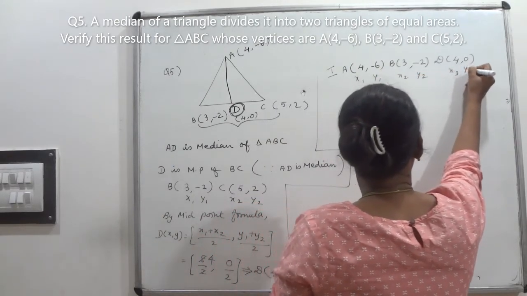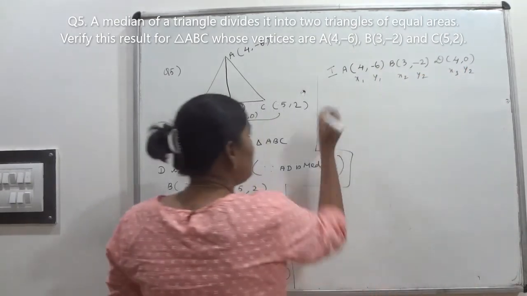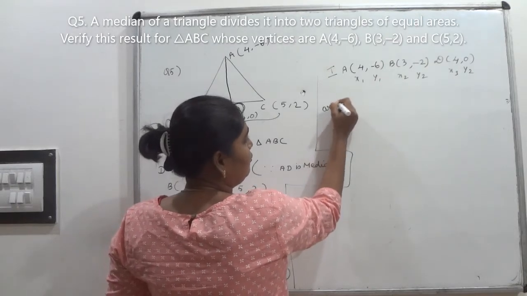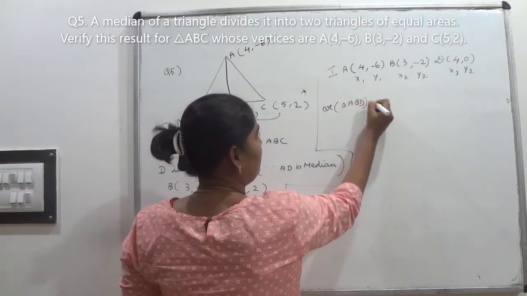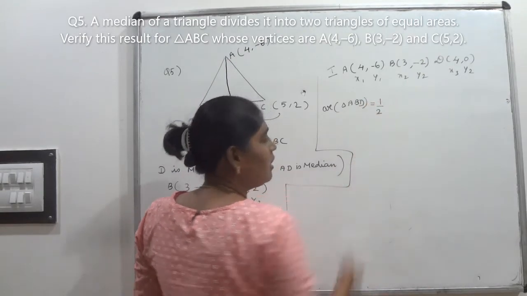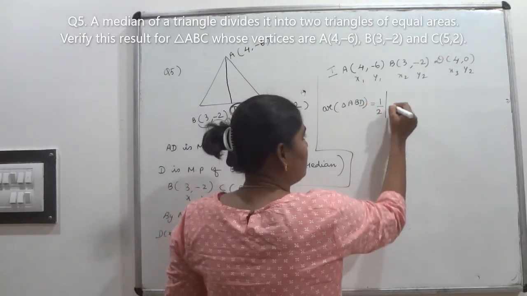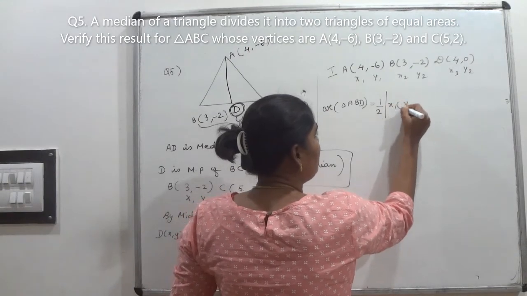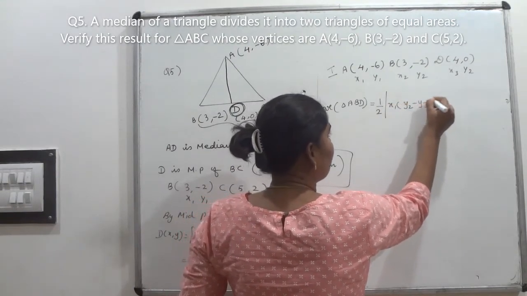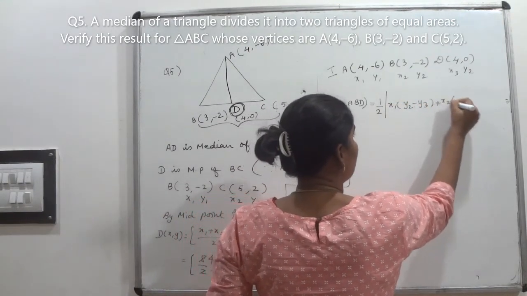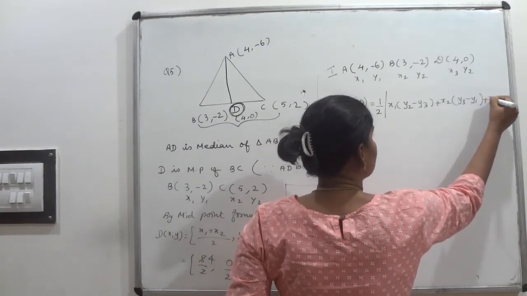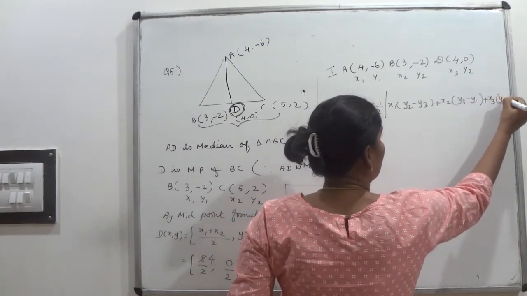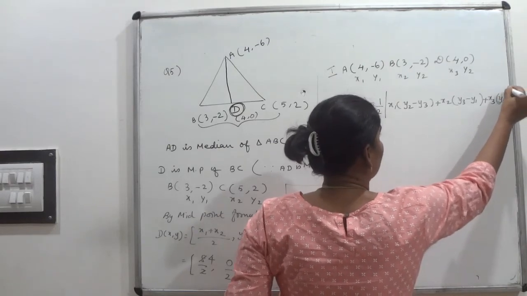You know the formula for the area of a triangle. Area of triangle ABD: write the formula. Half modulus x1 into y2 minus y3 plus x2 into y3 minus y1 plus x3 into y1 minus y2. Close the modulus.